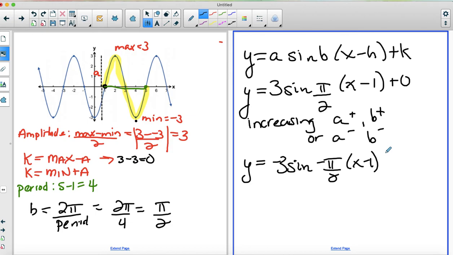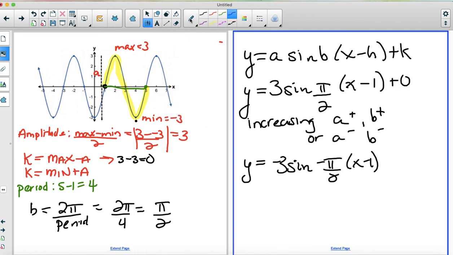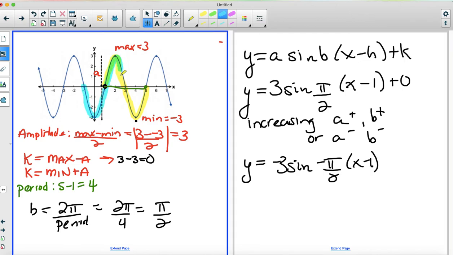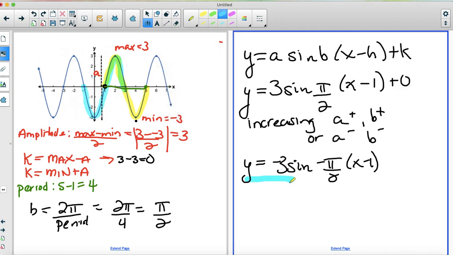It's not that complicated. If you wanted to do it from another perspective, let's try a different color. We'll go with the blue this time, and we're going to use this perspective. So if you notice, I'm starting from the negative 1. So this one was the yellow one, and now we're going to do the blue one.